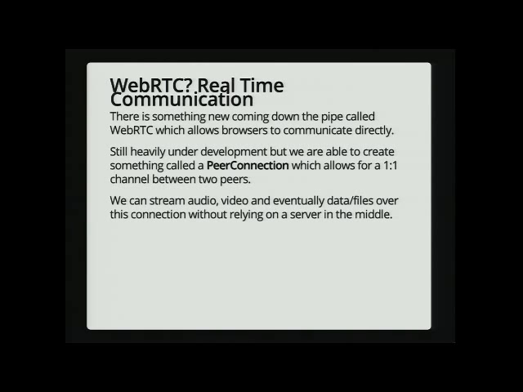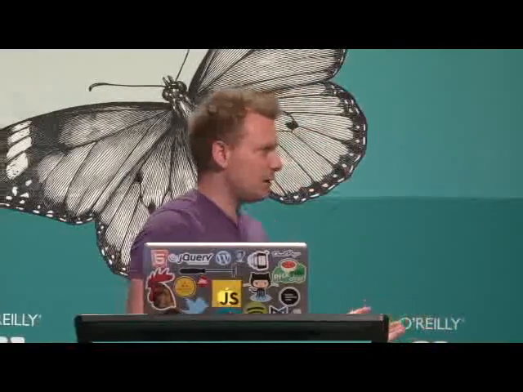Think if you want to send your friend a file, you're not sending it to a server and then sending it down. You're just sending it straight into his browser. We would only need something like WebSockets or an AJAX request to do the initial handshake to connect the 2 peers. And the real benefit here is that we're going to be seeing HTML5 chat roulette pretty soon. So stay tuned.